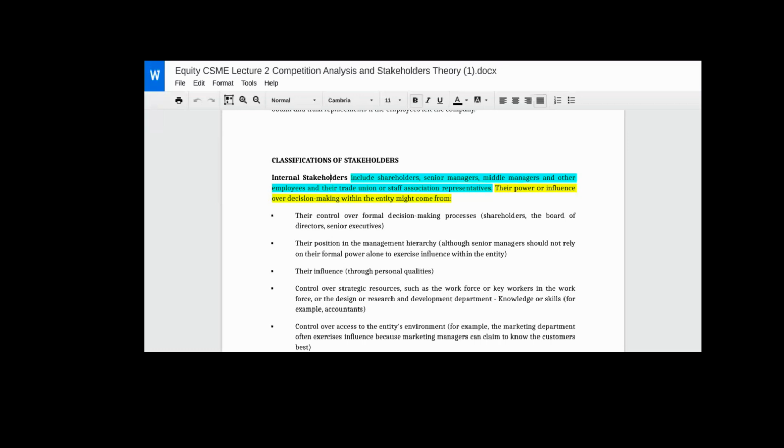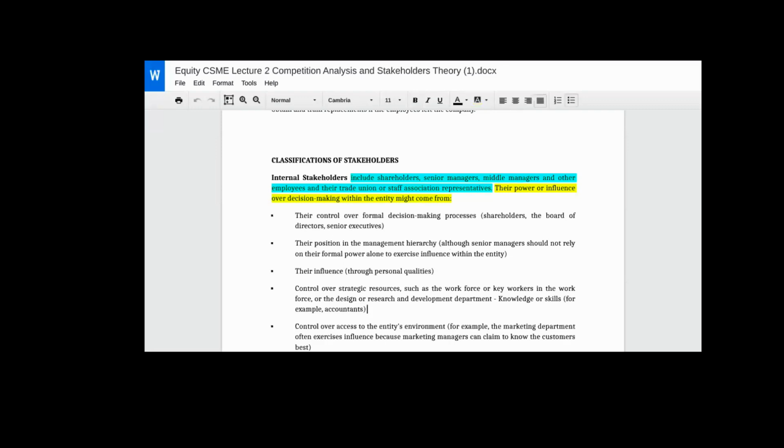Being internal stakeholders, they too can influence the company decision. Is that understood? Examples of internal stakeholders are the shareholders, the employees of the company, and other senior management of the company. Those are the people that we call the internal stakeholders.